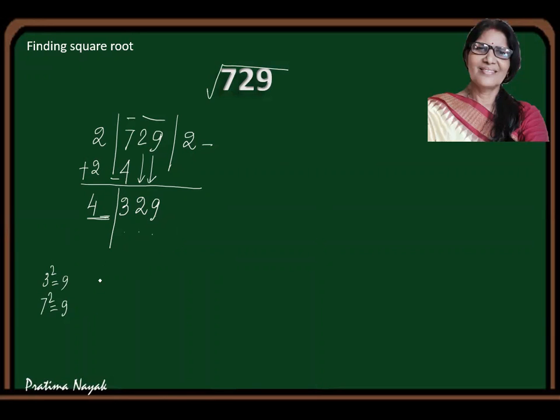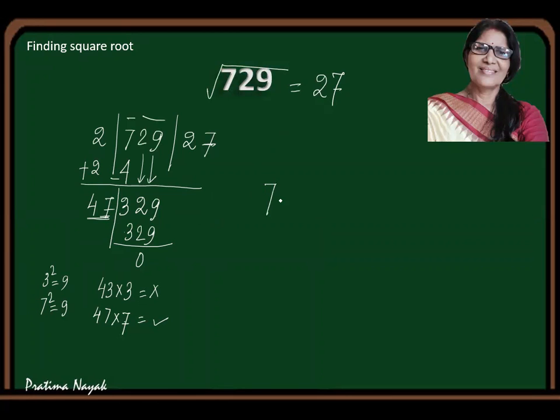So that means I'll put either 43 multiplied by 3 or 47 multiplied by 7. If we check it, it cannot be 43 times 3, rather this will be 329. So I'll put a 7 here, then it will be 329. So the square root of 729 is how much? It will be 27.